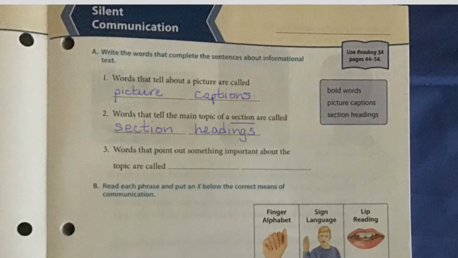Okay, and then number 3, and I always tell you to cross these out, okay? Words that point out something important about the topic are your bold words. Kind of a process of elimination there. Bold words. Okay.